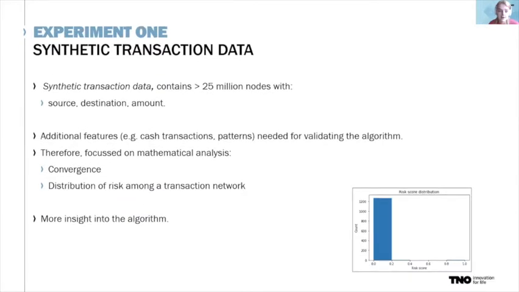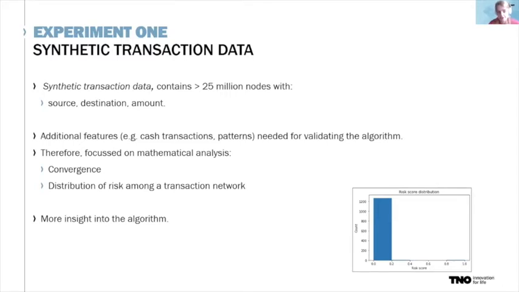Well, in the sandbox data, we used the synthetic transaction data. So that contains the source, destination, and amount of these transactions, which is what we actually need for risk propagation. But to validate the algorithm, we need some more additional features, such as cash transactions or money laundering patterns, which were not in this data set, unfortunately.